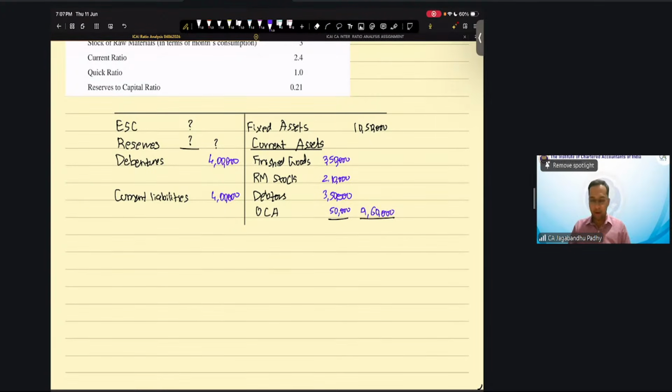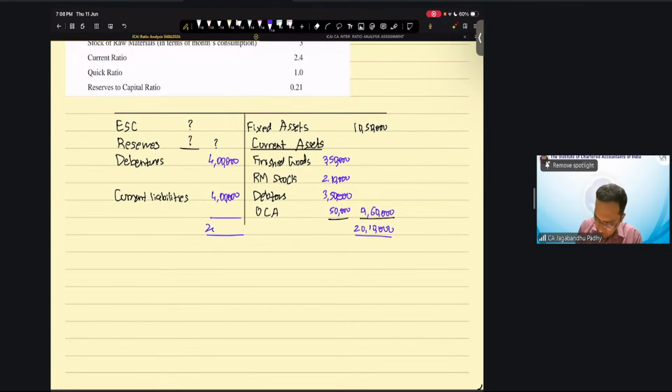Now, the final part that we are left out with is the equity and then the distribution between share capital and reserves. So for that, the simple thing to be done is matching the assets and liabilities. So total of all assets is 10,50,000 plus 9,60,000. So total of assets is what? 20,10,000.